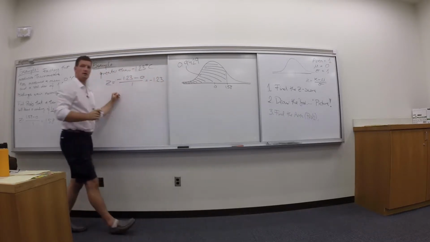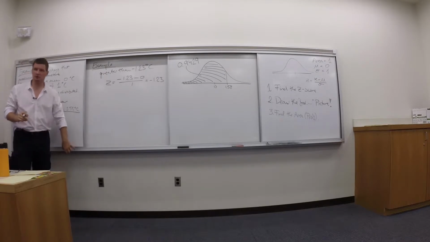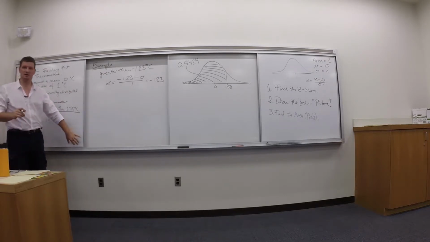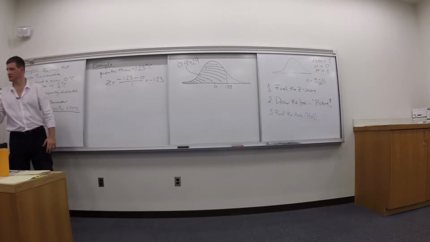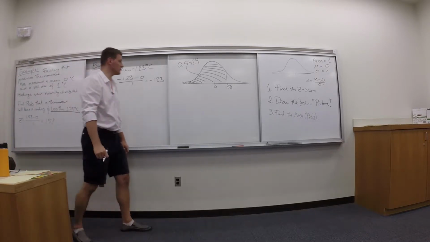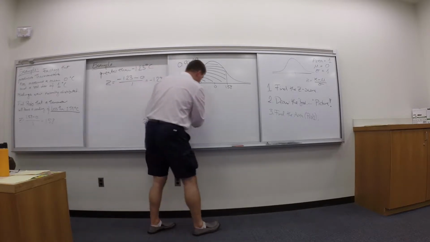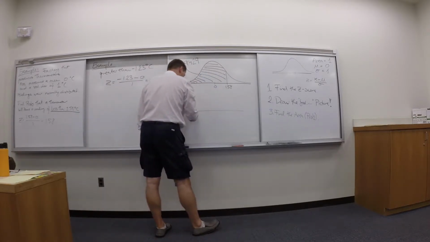This is one of the only examples you can get that has this mean of 0 and standard deviation of 1. But we're doing this so it's easy to see where things are coming from. And again, step 2, we draw the picture.